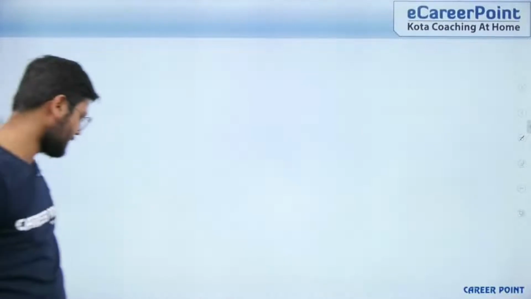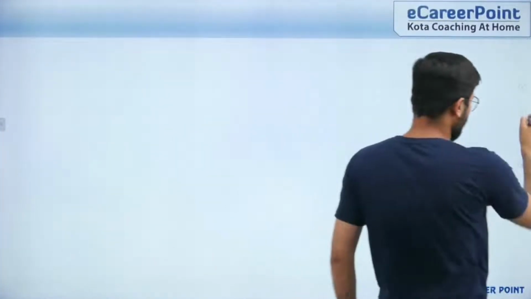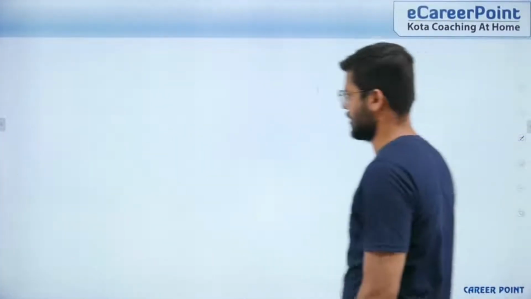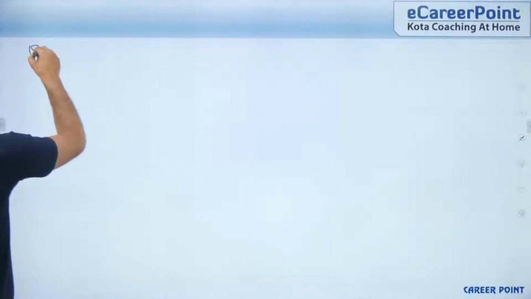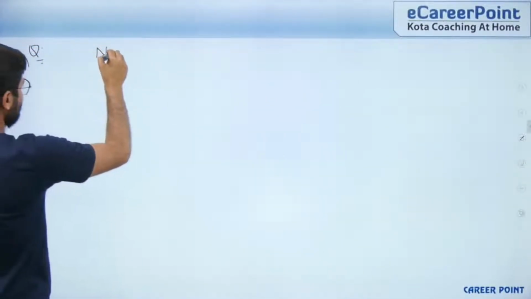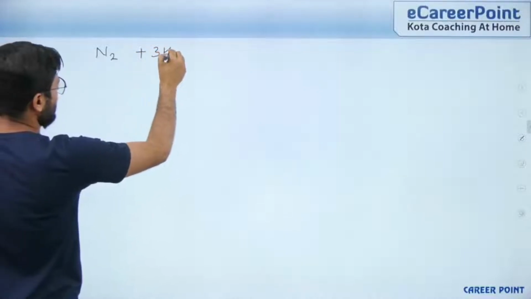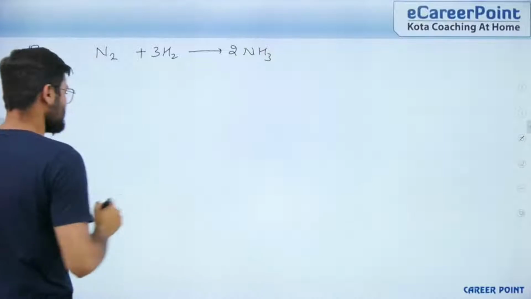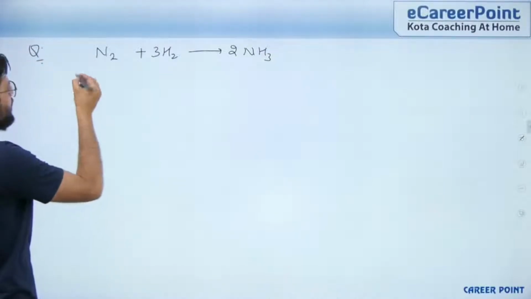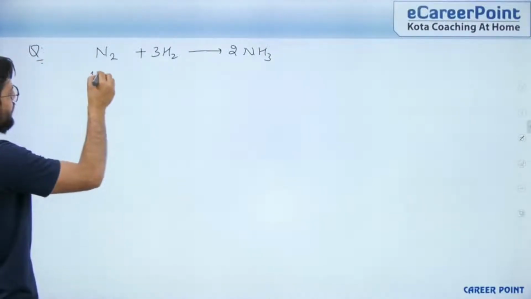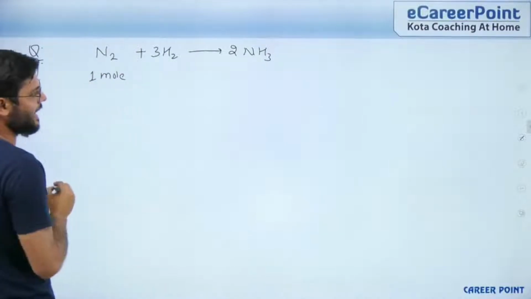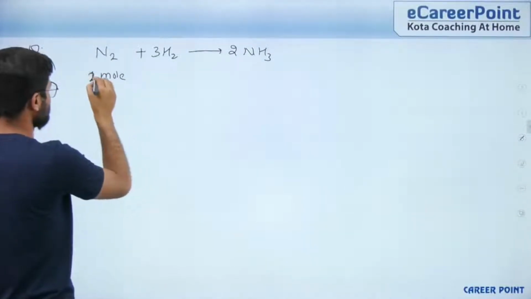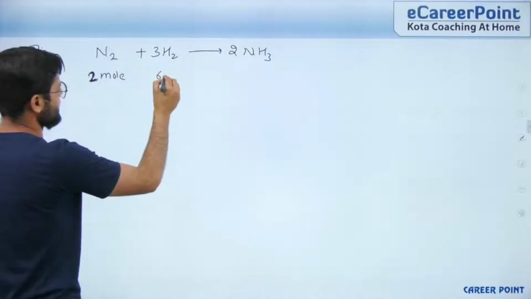Now I am giving you one good question, and I want you to do this question. Just try it. I have, let's say, this reaction, and it is forming 2 ammonia. So it is saying that we have initially, let's say, this is 1 mole, this is 2 mole, and this is 6 mole.